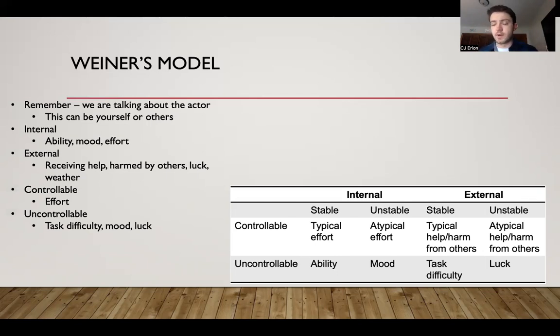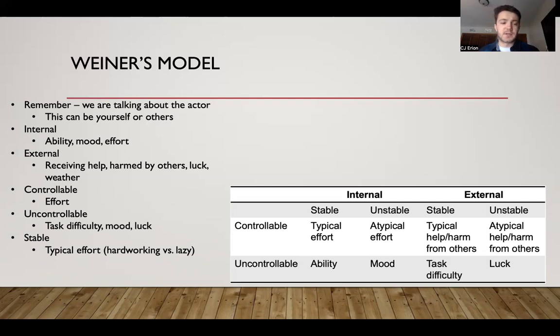Usually the actor isn't the one who made the task or activity, so that's not controllable. Additionally, mood. We talked earlier about how mood is something that can just kind of happen, like waking up on the wrong side of the bed, and we don't necessarily control that. There's not necessarily a direct reason for that, so that's uncontrollable. And again, luck, this is something that's external and uncontrollable.